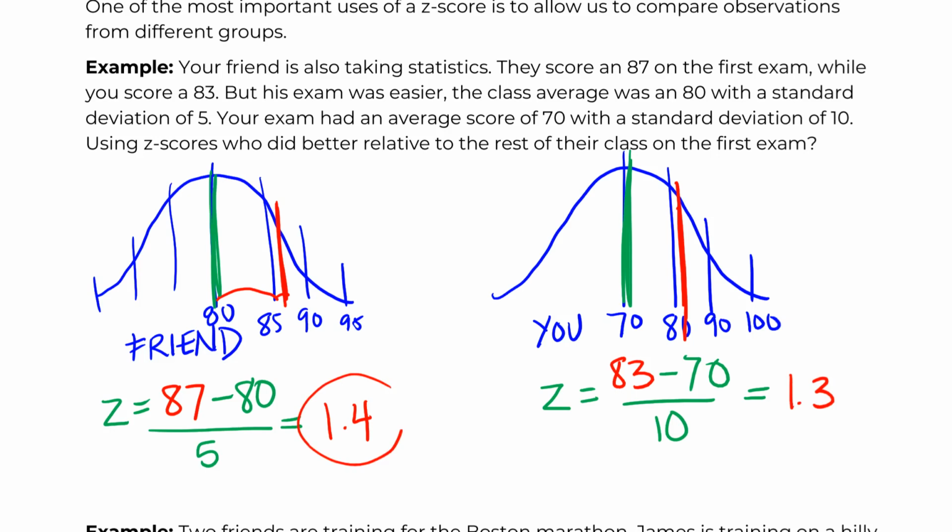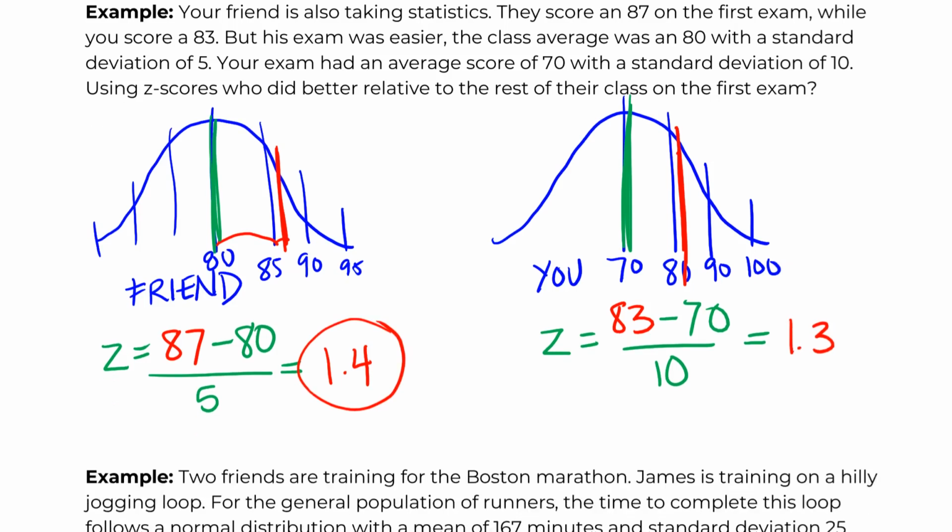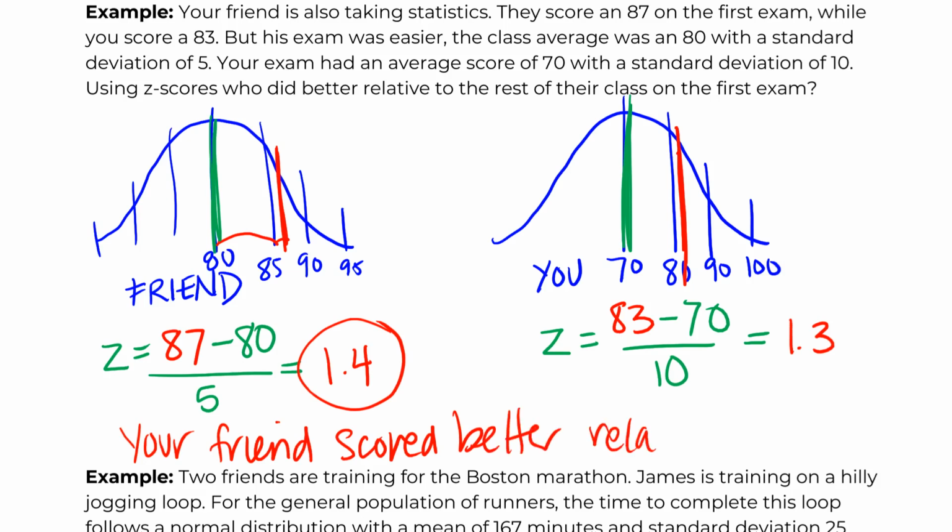So your friend barely scored better than you. So your friend scored better relative to his class. So hopefully this didn't seem that bad, minus my not writing in the right mean on either calculation.